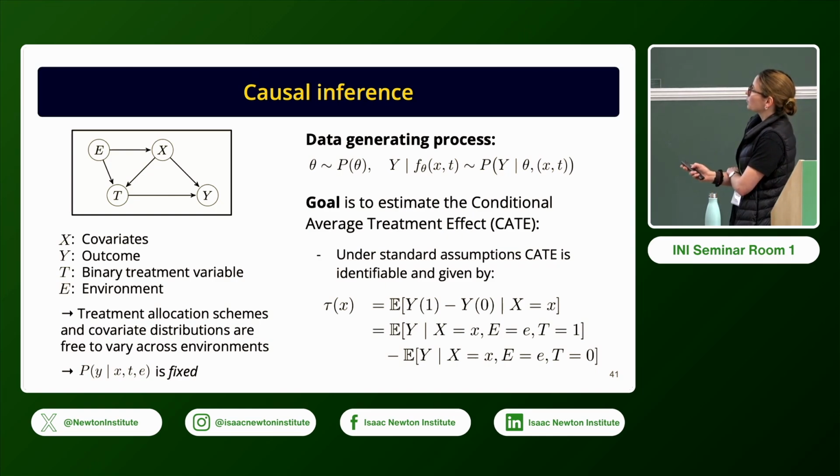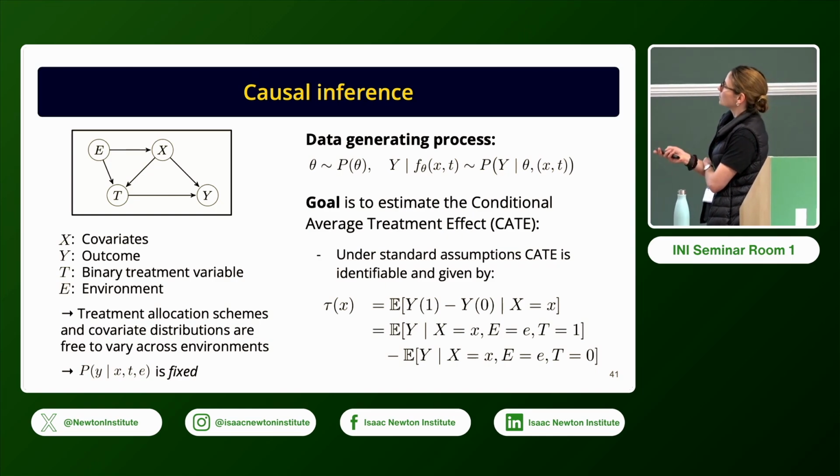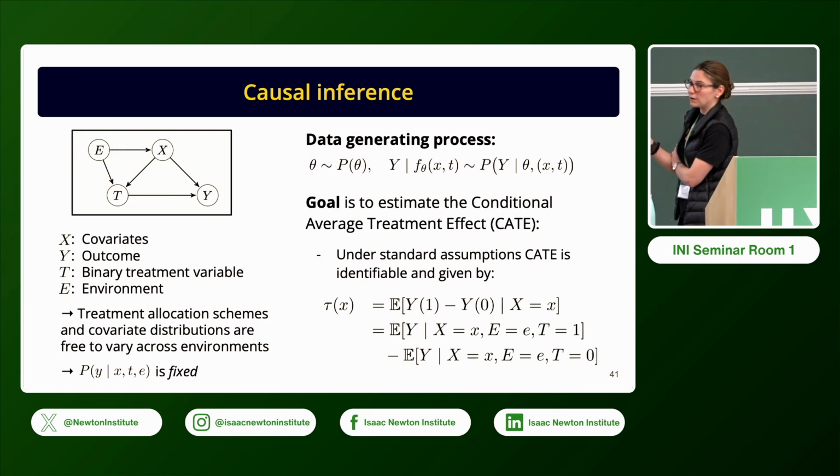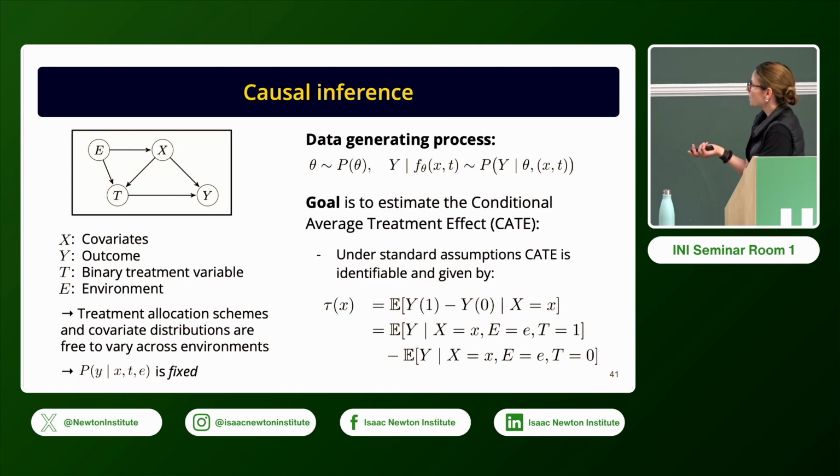So as before, we're going to have the standard data generating process. We're going to sample from our prior, and then we're going to sample the outcome conditional on the parameters and the covariates and the treatment allocations. The goal will be to estimate the conditional average treatment effect, or the CATE.